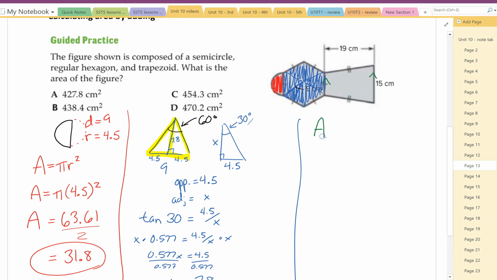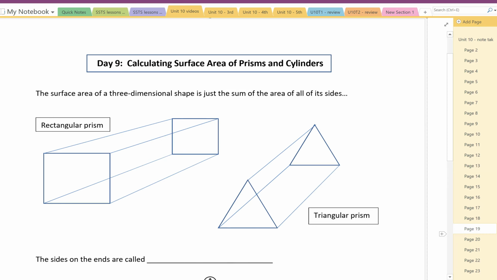So if I want to solve for the area of a trapezoid, it's the height times base 1 plus base 2, divided by 2.